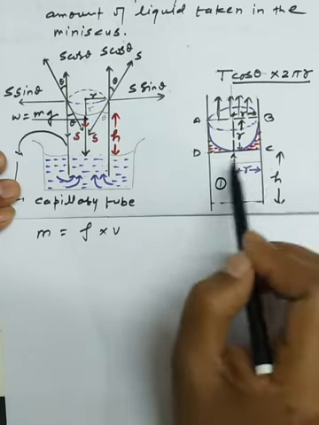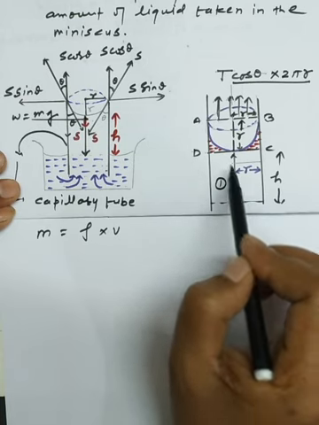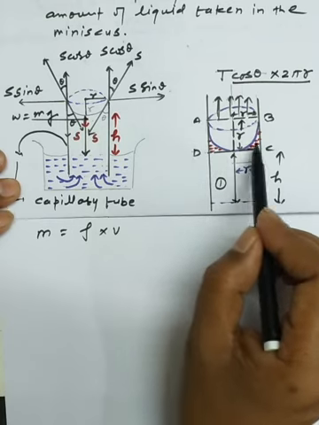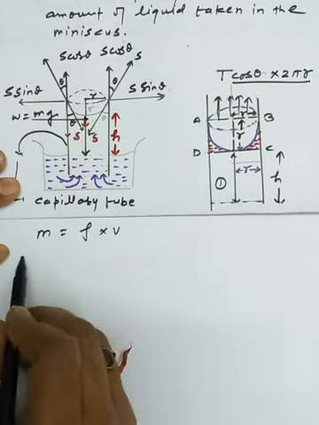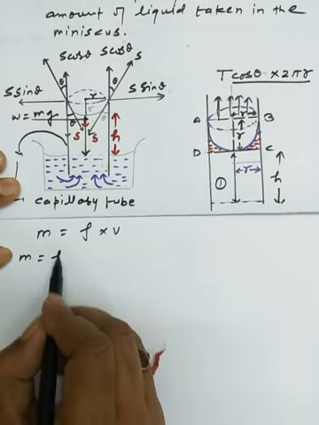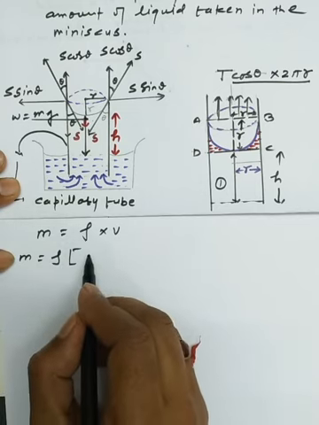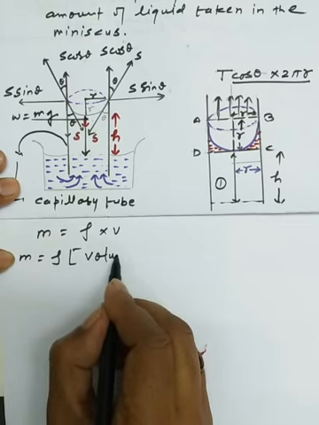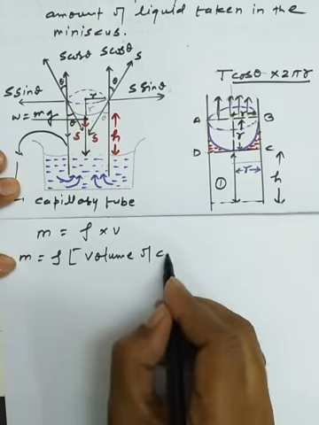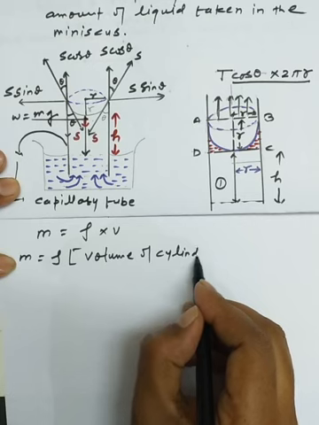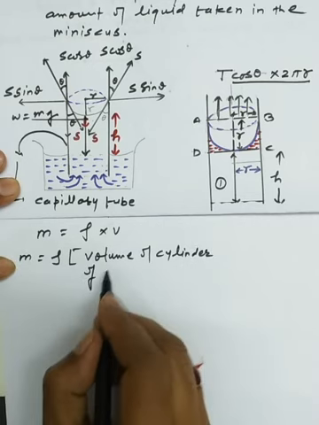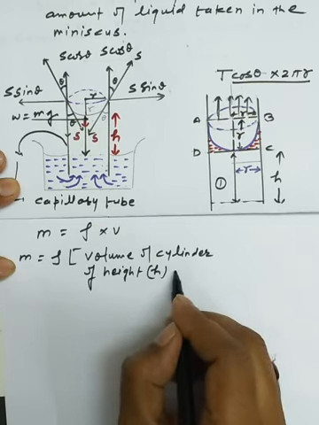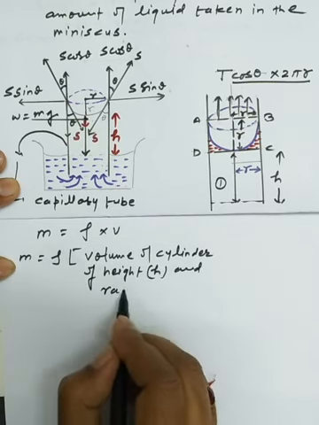So we will find out the volume of the liquid through this part, and the other volume that is trapped inside the meniscus, so we will make the calculation of that volume. Okay, so here we can say that rho into volume, that first volume that we can add here, volume of cylinder of height h and radius r.